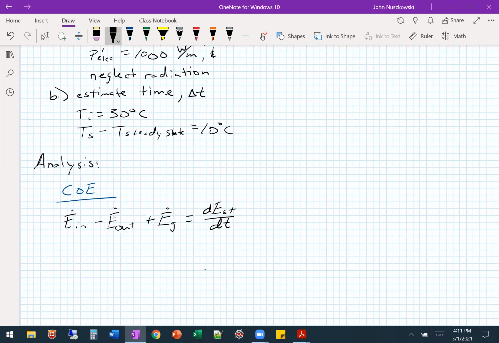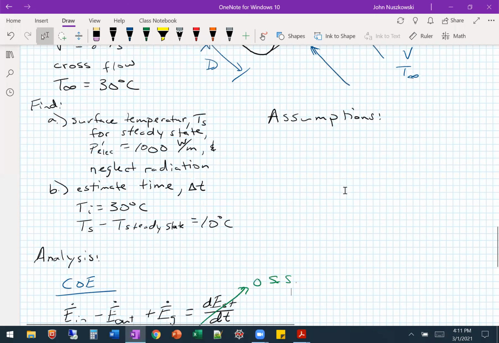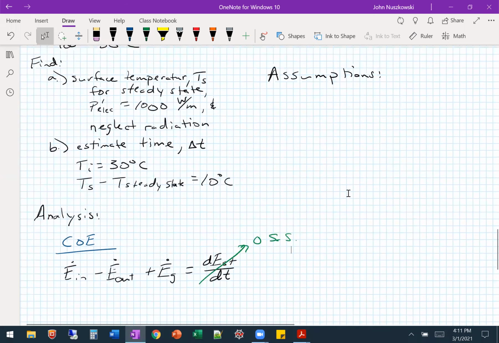It's steady state, so we have energy in, energy out, energy generated.